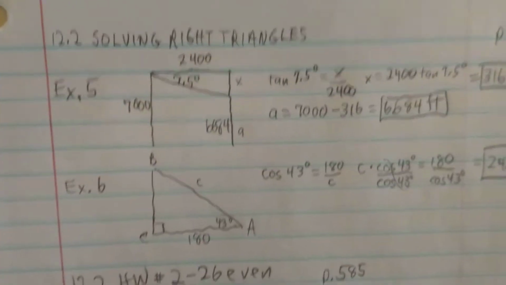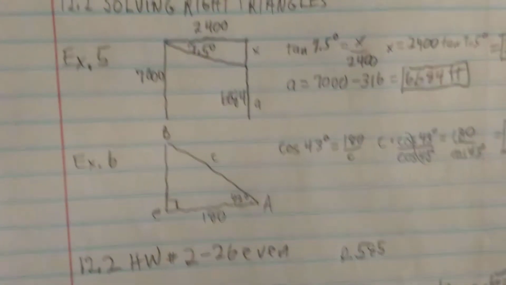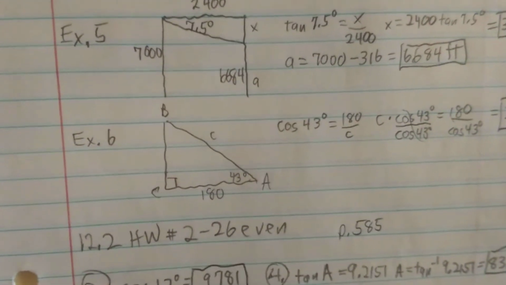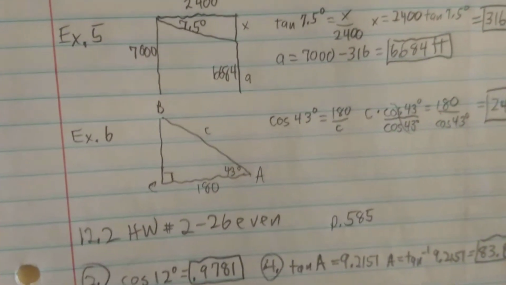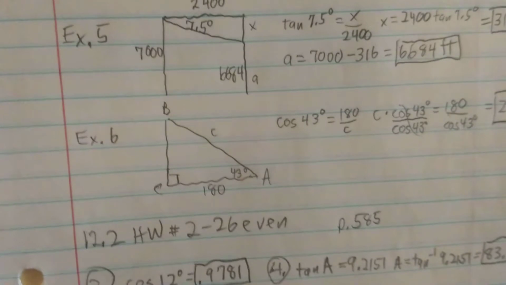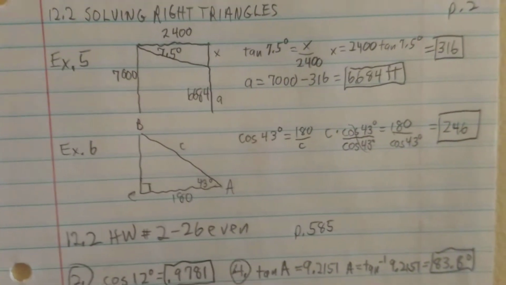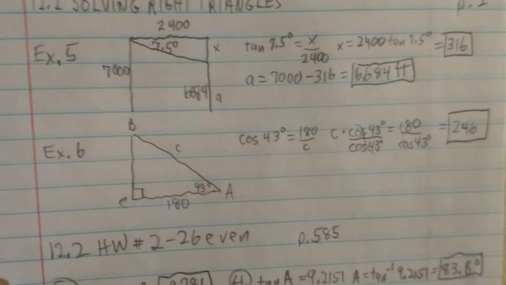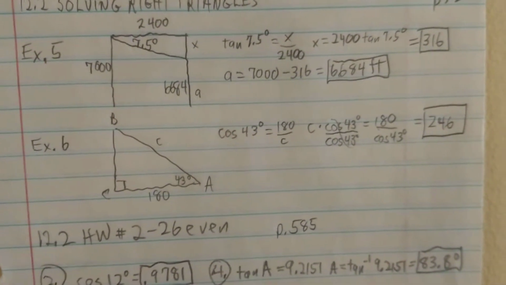For example 5, we have a stretch of 2400 with an angle of depression of 7.5 and an x, which is part of a 7,000 foot high building or whatever it is. Then tangent of 7.5 would be opposite over adjacent, x over 2400.